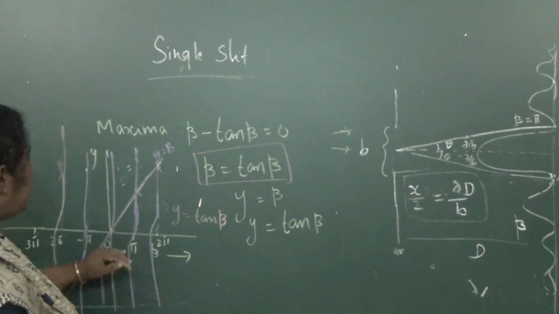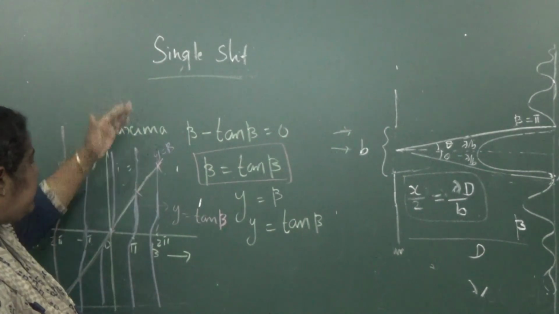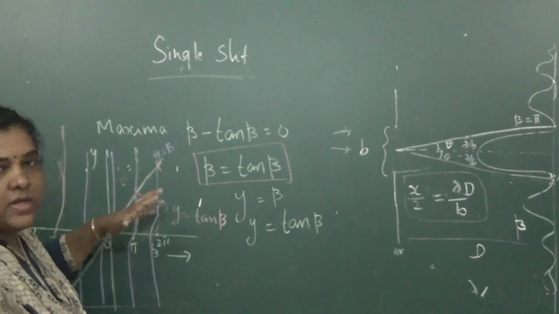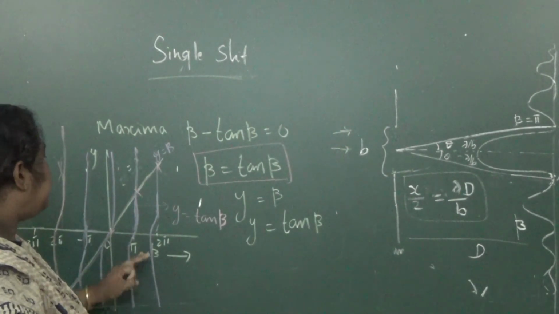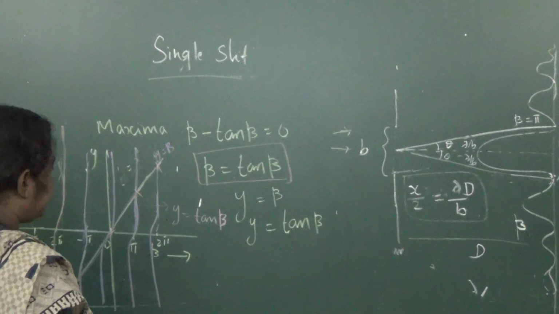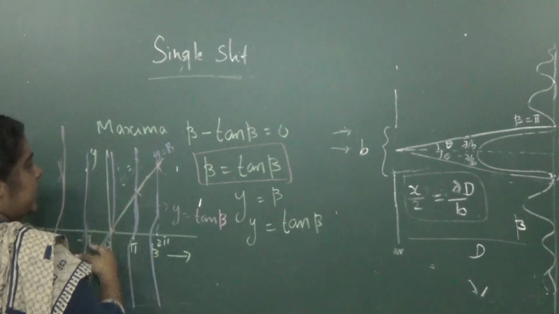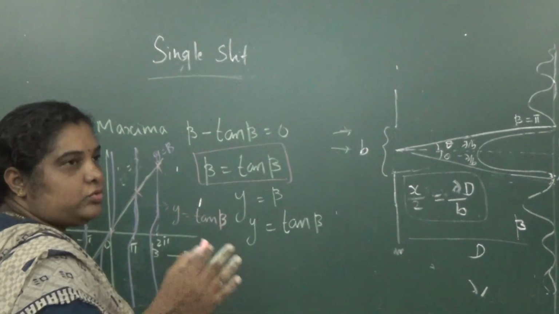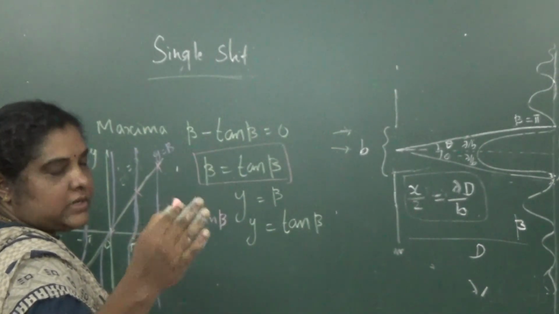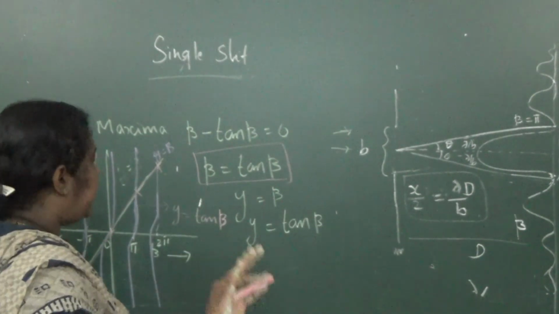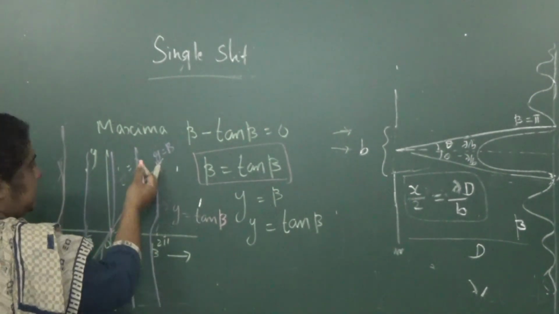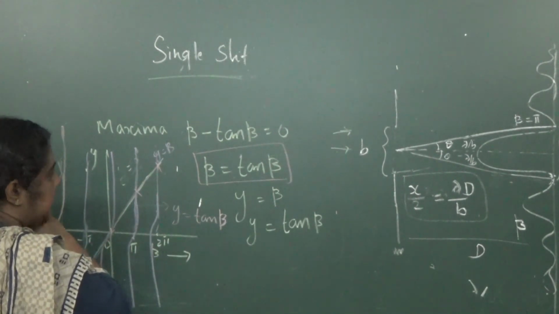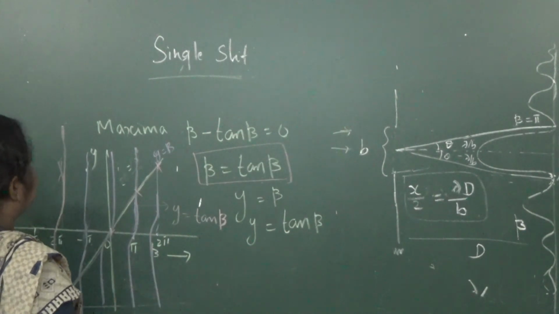So in the minima graph, beta is equal to pi, 2 pi, 3 pi was the condition for minima. But in the case of the maxima condition, it is not pi, 2 pi, or pi by 2, 3 pi by 2, 5 pi by 2; you are getting a condition entirely different from this case.